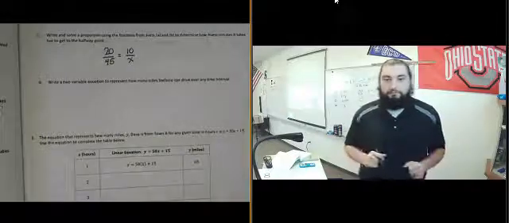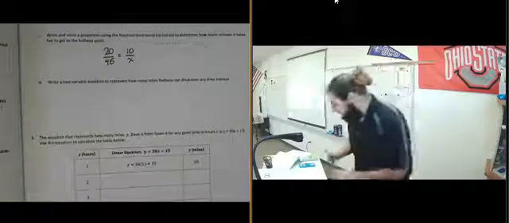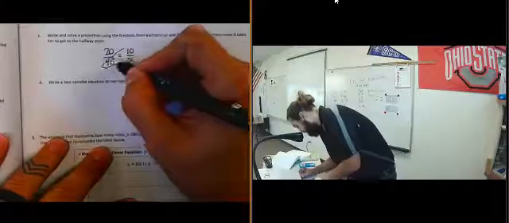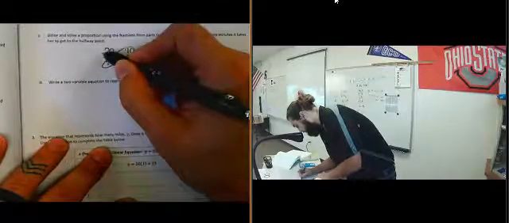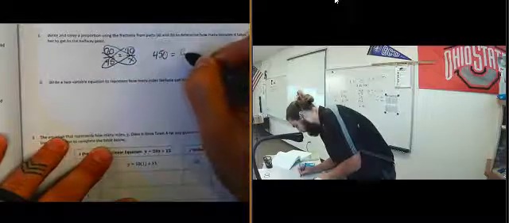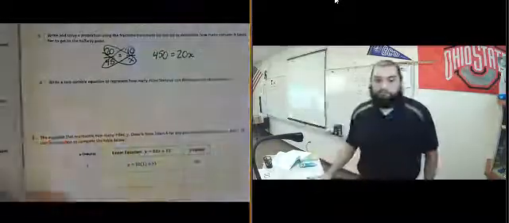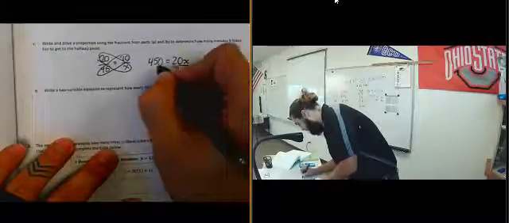To do this, we just need to cross multiply and solve. So we're going to cross multiply and do 45 times 10, which is 450. And then 20 times x, which is 20x. From there, we have just a one-step equation. We're going to divide both sides by 20.